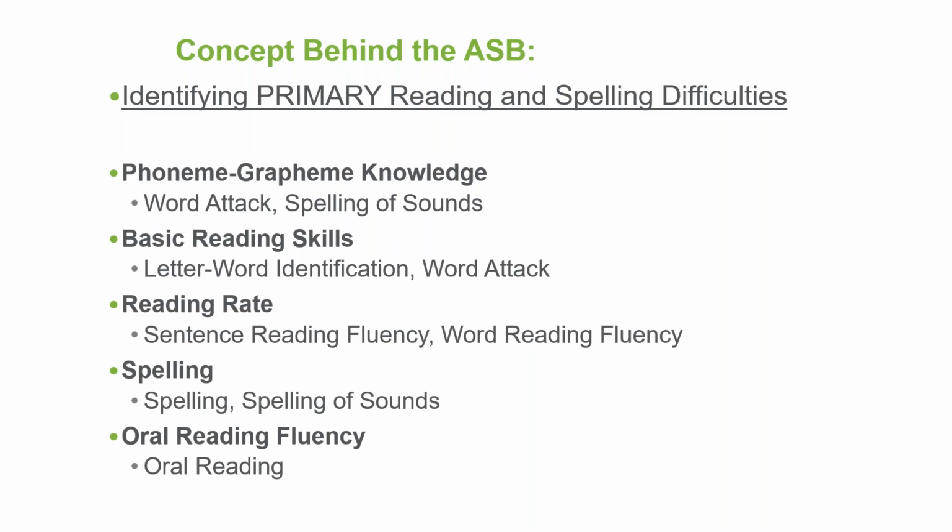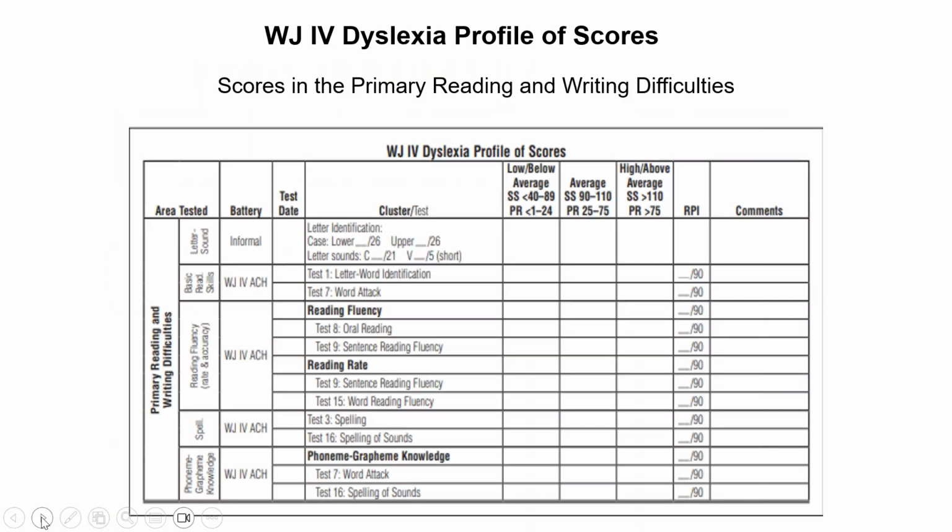So basically the assessment bulletin outlines this tool for you to help organize the data from the WJ test. And you can see this is just a snapshot from that.